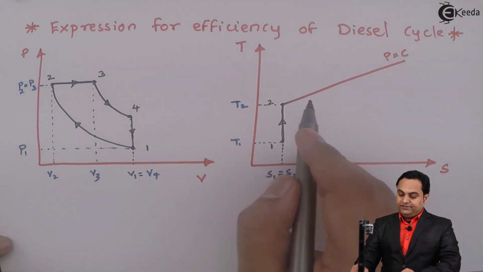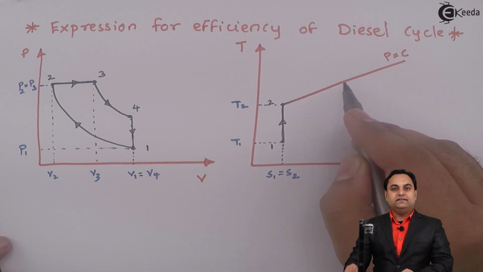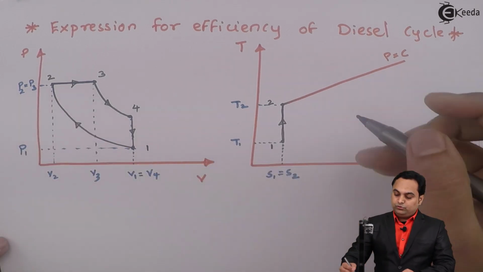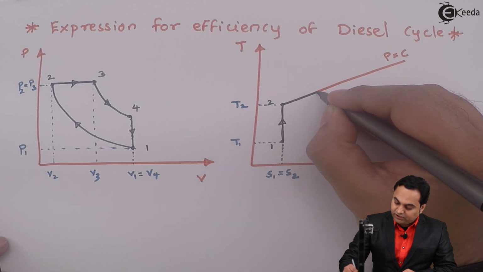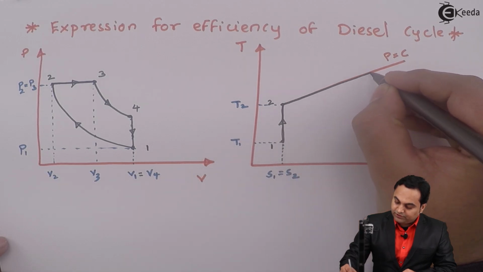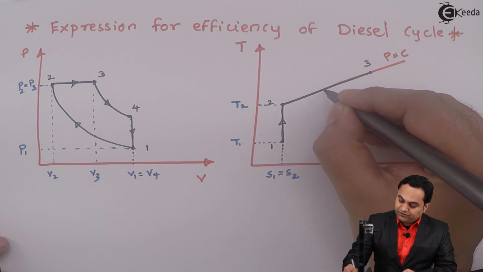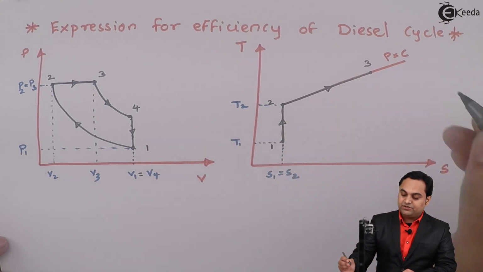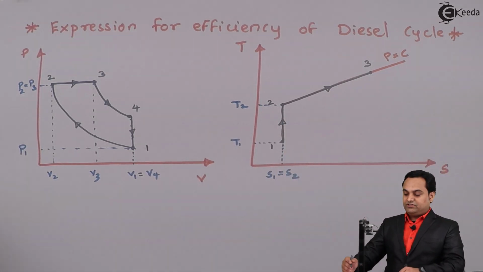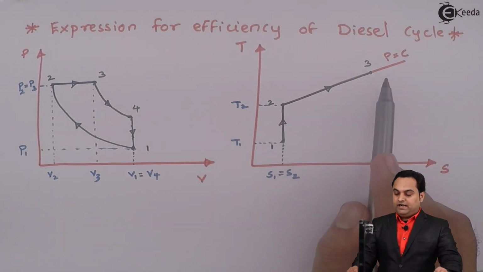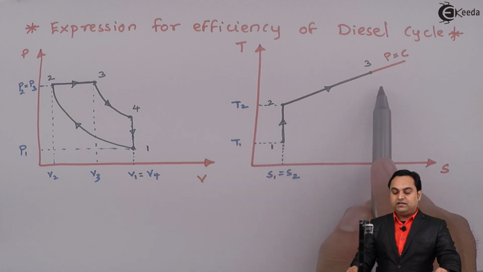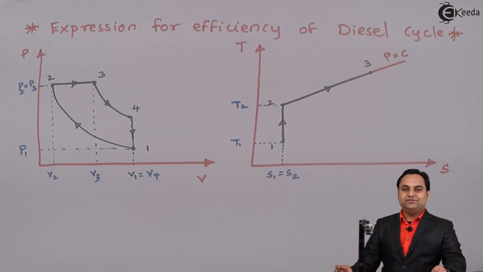Now the heat will be added on this line, that is at constant pressure, from 2 to 3. So heat will be added and temperature will go on increasing, along with that entropy will also increase. So we reach point 3. Now if we see over this line of constant pressure, pressure at point number 2 and pressure at point number 3 both are same, that is at constant pressure.